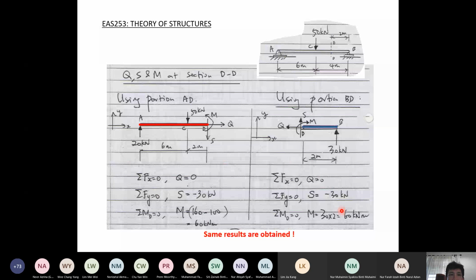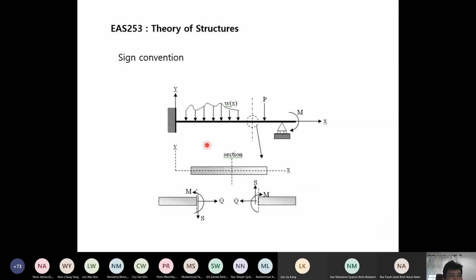So this is what we call sign conventions, which I think you have also been exposed to. Sign convention is an agreement on the positive directions of axial force, shear force, and bending moment at the cut sections. So in this diagram here, we cut through this portion here, and we show this particular portion that we cut from this beam.